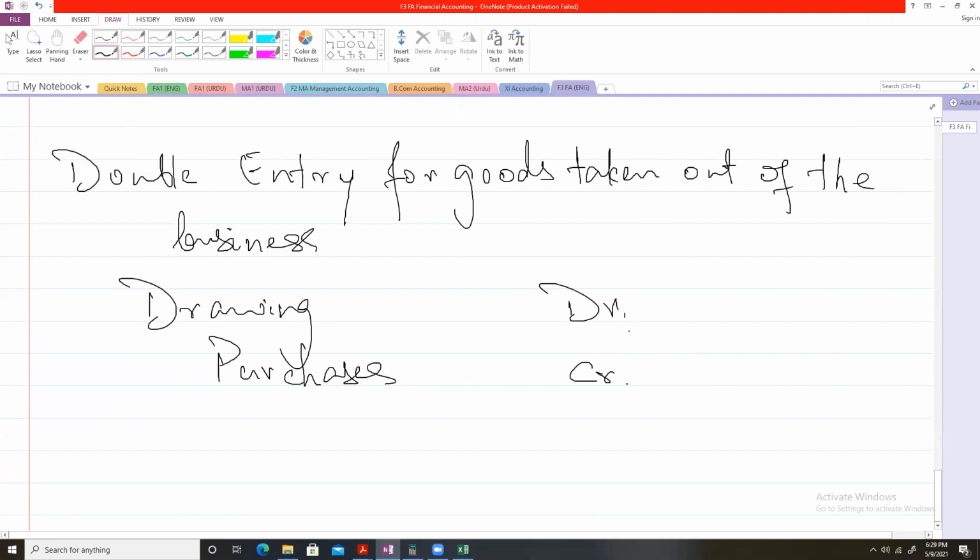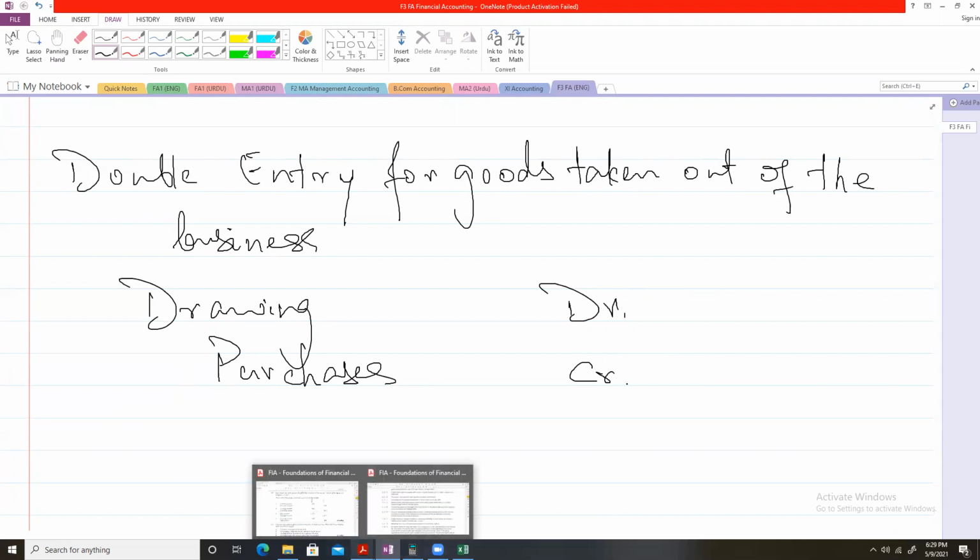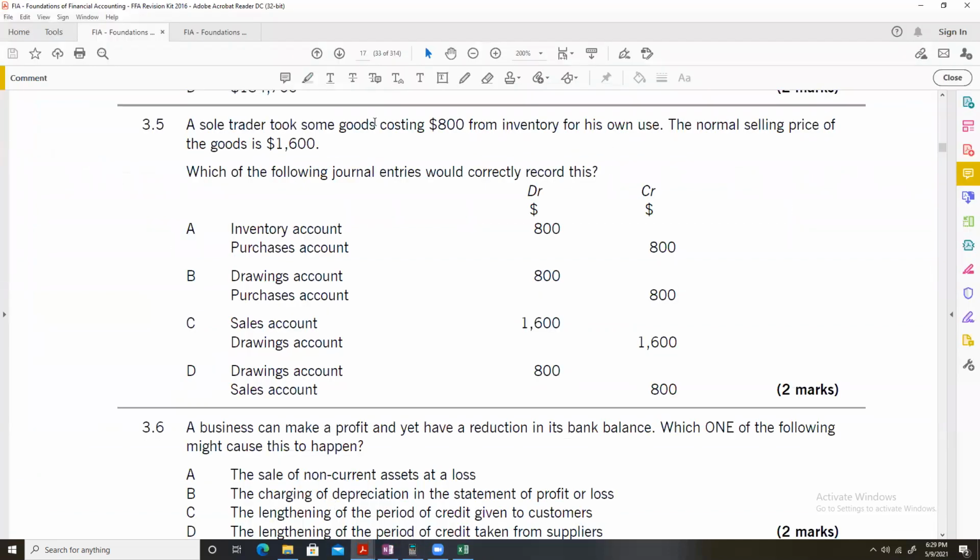Now, there is one more thing that you need to understand. The goods cost how much? $800. The goods can be sold for $1,600, but we take the cost price of the goods. For drawings, we take the cost price, the price at which goods were purchased.